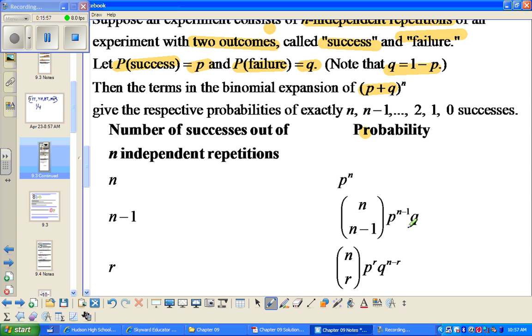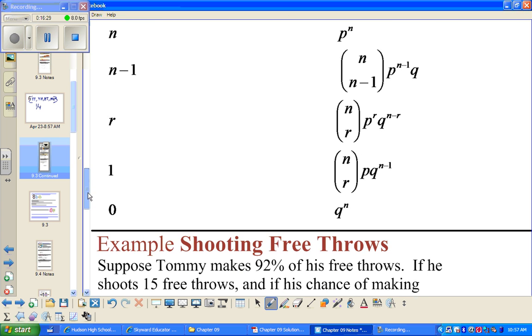So this is generally going to be some decimal, and then you raise it to whatever power we're talking about, for n minus 1, how many successes you want to see the probability of, times q raised to the number of failures that you would expect. Because remember, the number of successes and the number of failures would have to add up to the number of attempts, or the total number of repetitions, and so on.